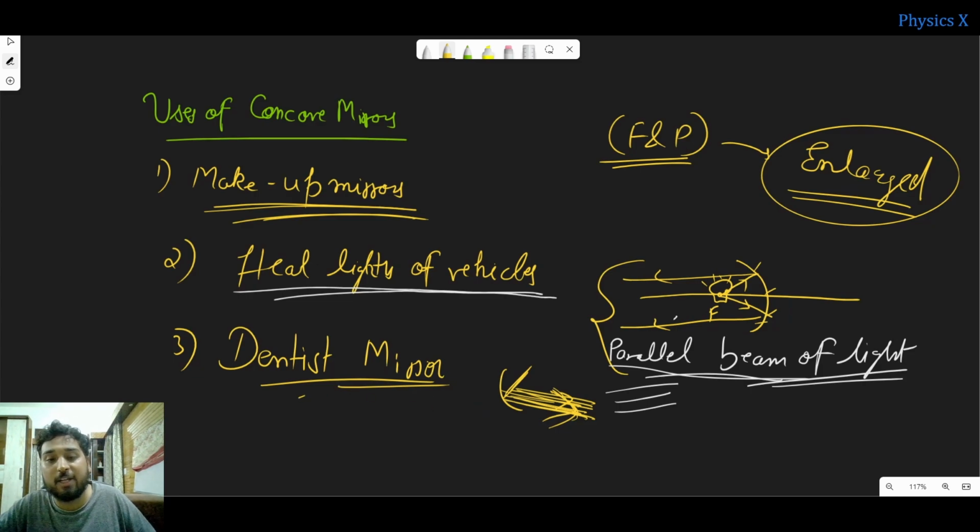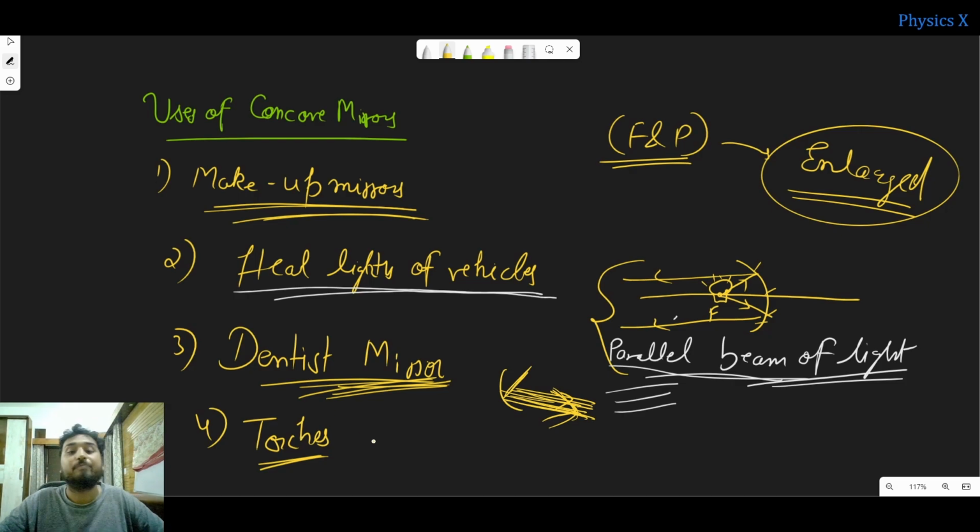So that is how it is used in a dentist's mirror also. In whatever case, a parallel beam of light is desired. Also in torches, where the bulb is placed at the focus point, right?